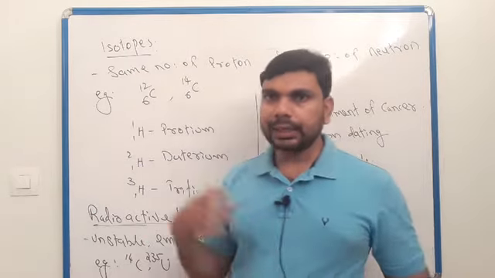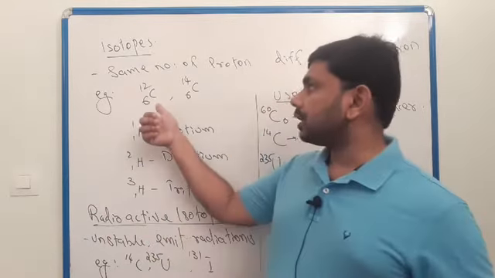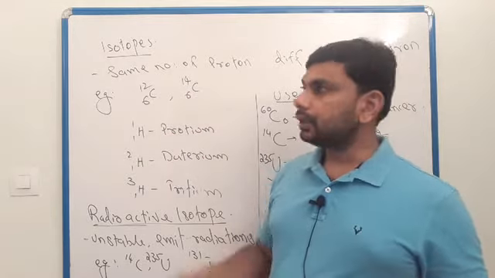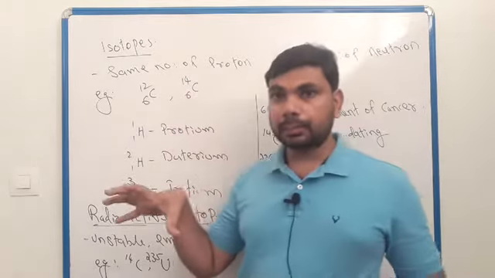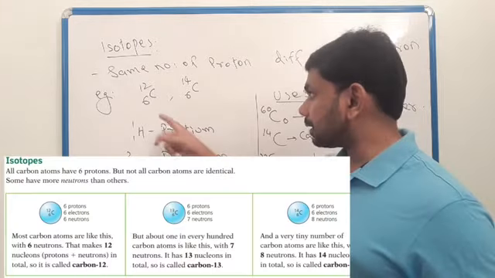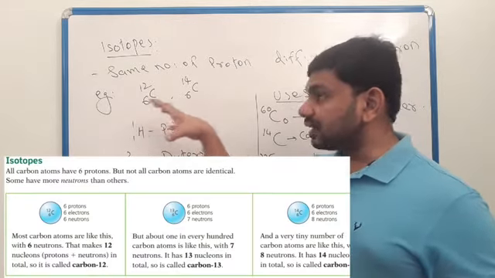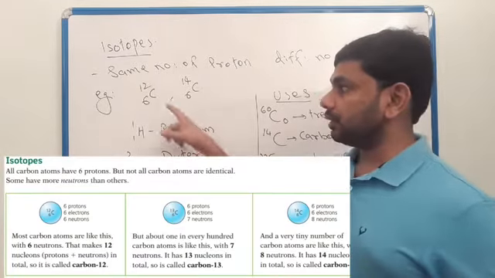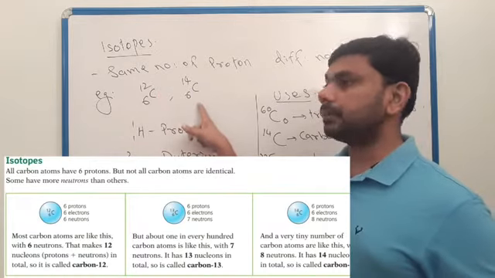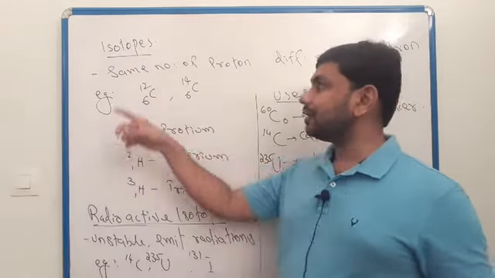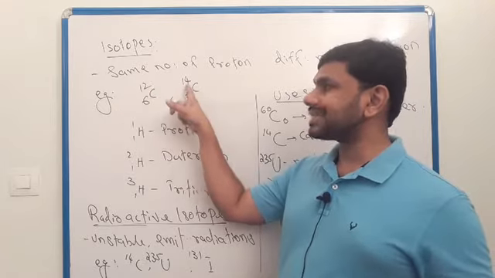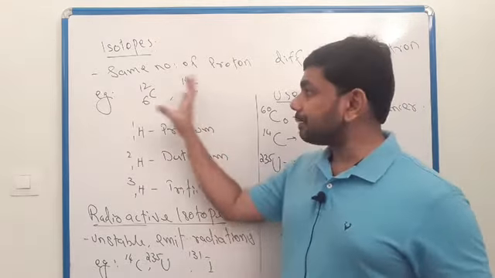Isotopes. See here, an example of isotopes: carbon-12, carbon-14. Here the same element, carbon, exists in different forms. This is carbon, this is also carbon. Their atomic number is the same, but they have different mass numbers. Here the mass number is 12, here the mass number is 14.